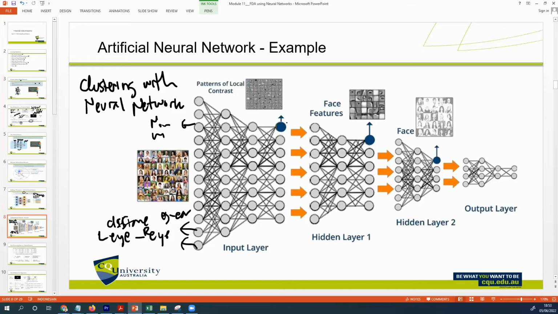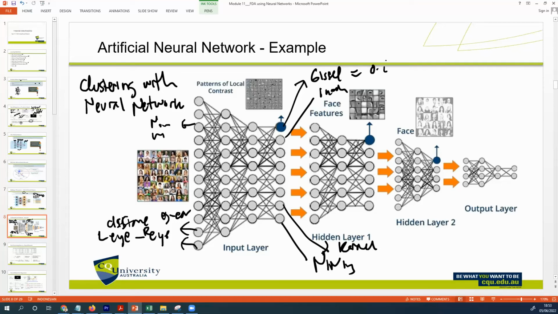Let's say this one is Giselle, this one is Nining, this one is Carmel, this one is Indah. So there will be a score: Giselle is 0.8, 0.5, 0.3, and 0.2.